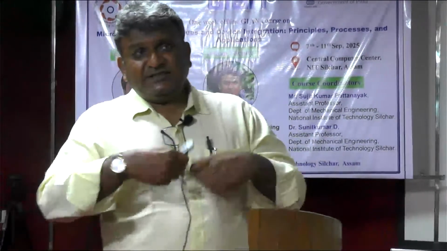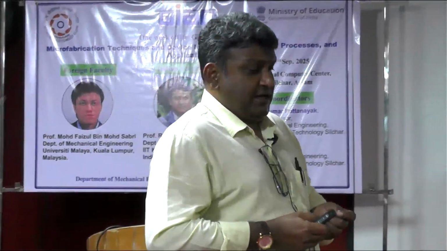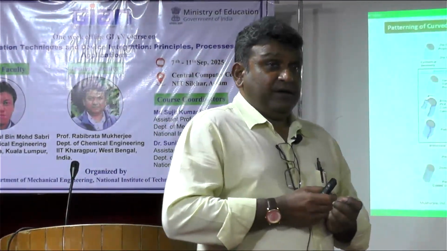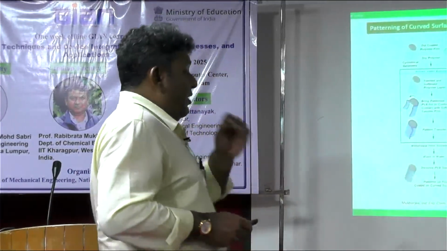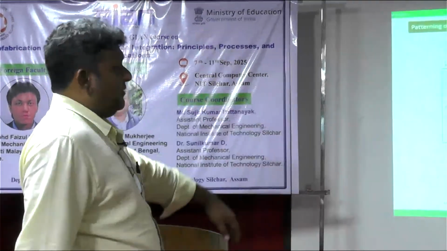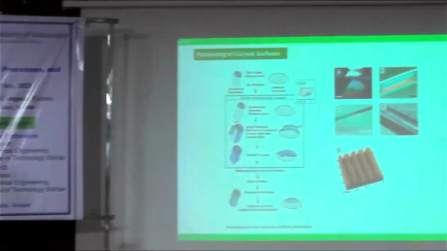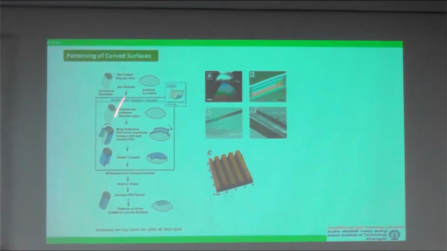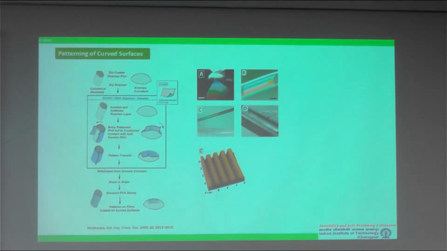But here, since you are using in certain cases a flexible stamp, like what is drawn over here, this is from one of my very old works, you can actually have non-planar geometries which are covered with this type of polymeric film, let's say a cylinder or a sphere or part of a sphere or whatever, and then achieve some of this patterning.